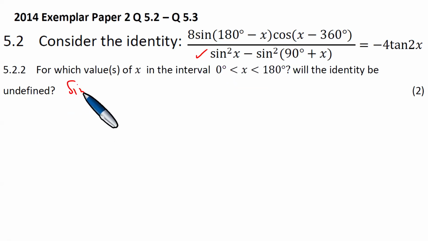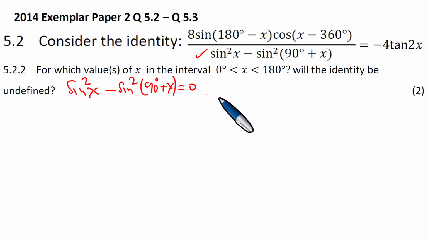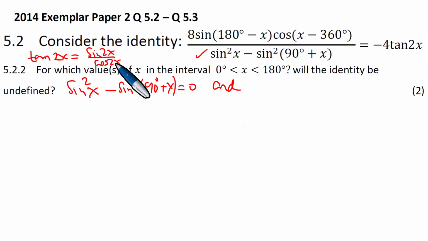That would mean it's when sine squared x minus the sine squared of 90 degrees plus x equals 0. And the tangent of 2x, like the tangent of x, is always the sine of 2x divided by cosine 2x, in which case this would be cosine 2x equals 0.